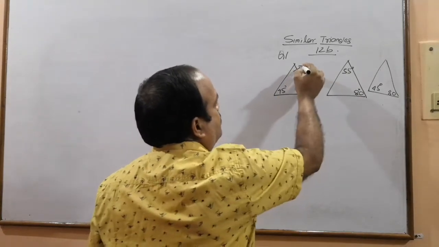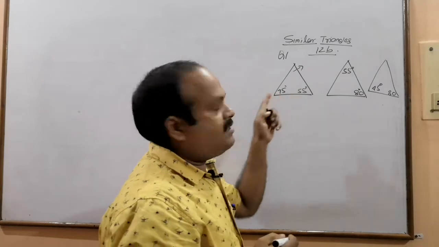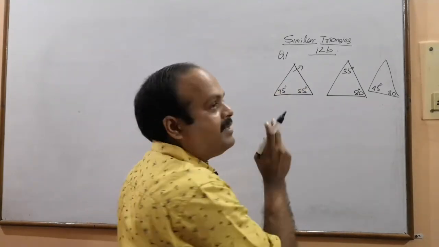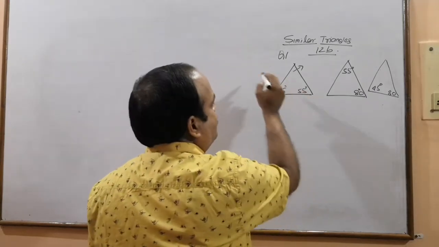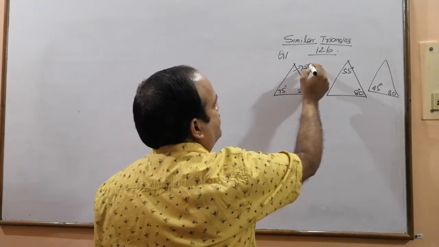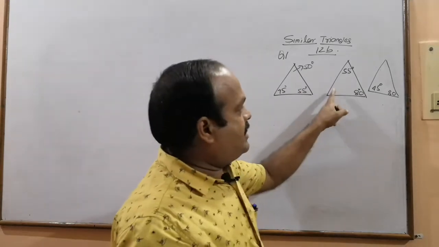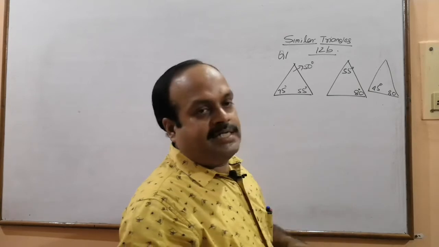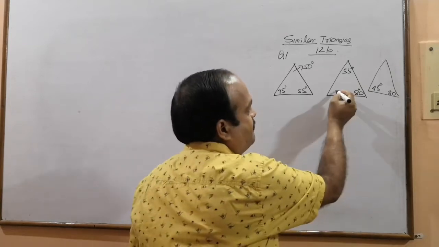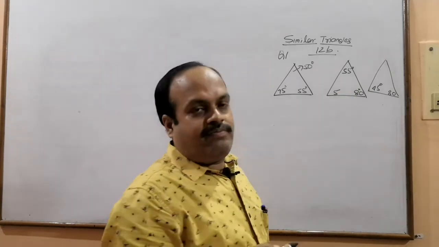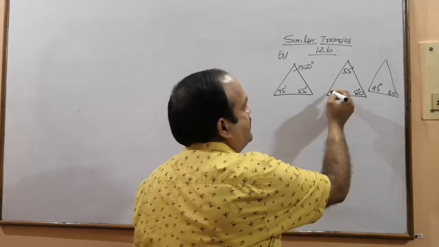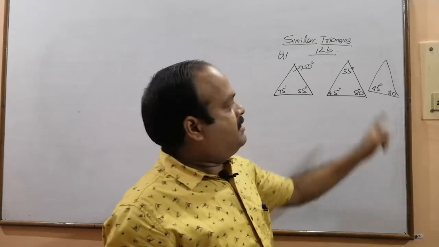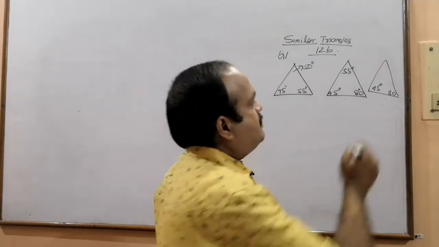When we add these 2 angles, 75 plus 55 is 130. So this becomes 50 degrees. Let us calculate the third angle of this triangle. 55 plus 80 is 135, 135 plus 5 is 140. This becomes 45 degrees. Come to the third one.